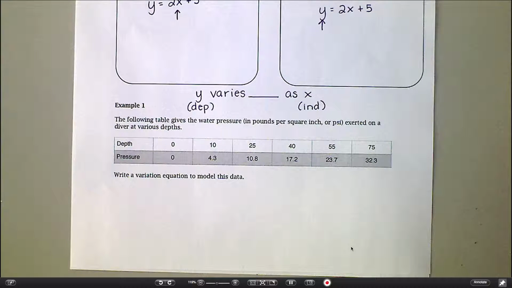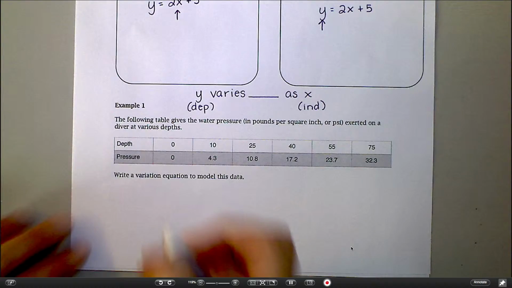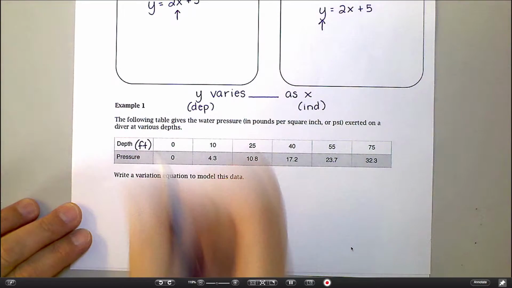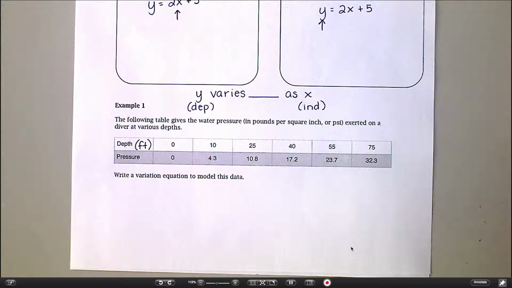And what this is comparing is like a scuba diver. The deeper they go into the water, and I noticed last hour I didn't put a measurement on here, this is depth measured in feet. So as you dive deeper and deeper into the water, the pressure that's being put on you gets bigger and bigger. Okay, so this is a measurement of how much pressure is exerted on a scuba diver based on the depth.